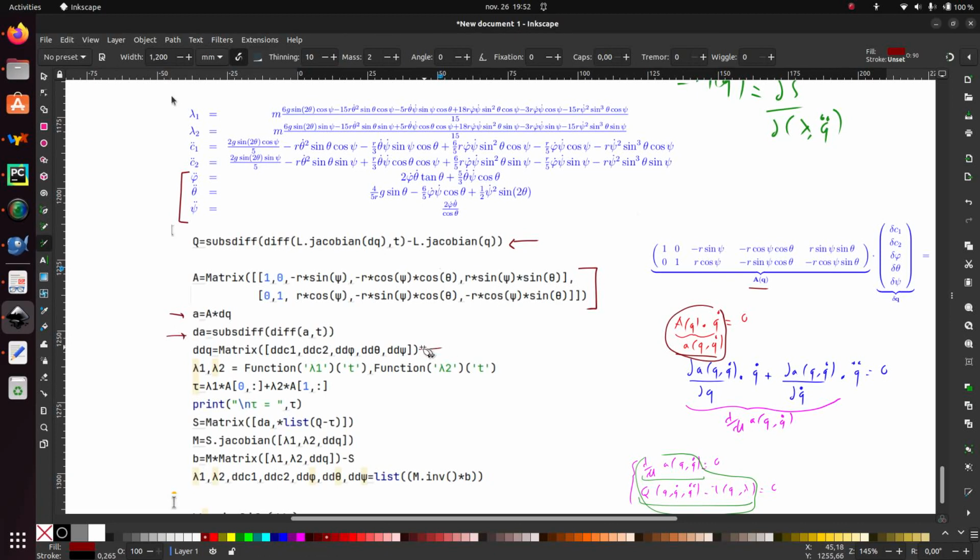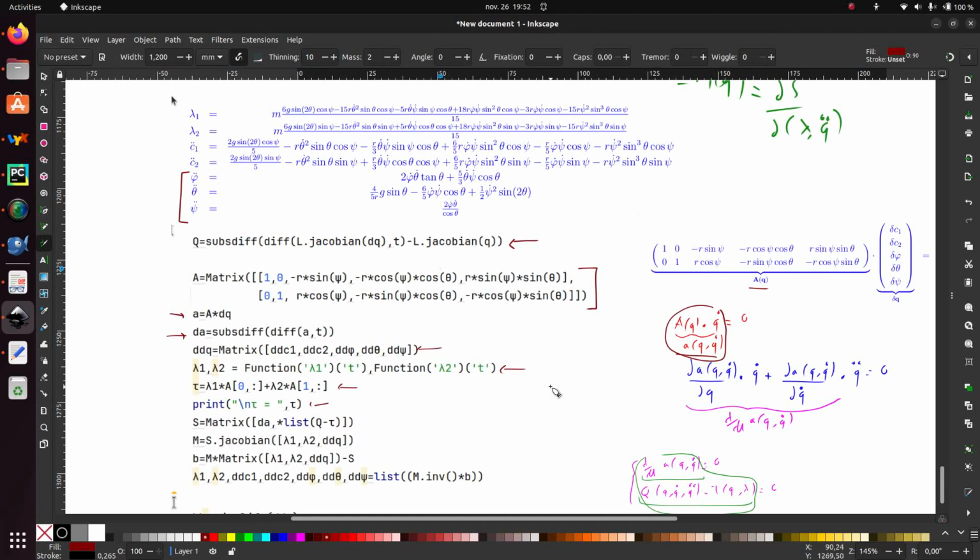I define this vector. I define also some functions for the Lagrangian parameters. And I recall that tau is given by the linear combination of the line vectors for A, this one and this one. So I print it.